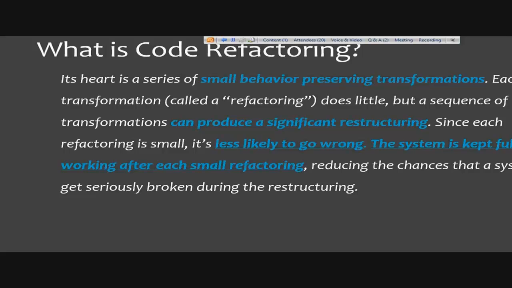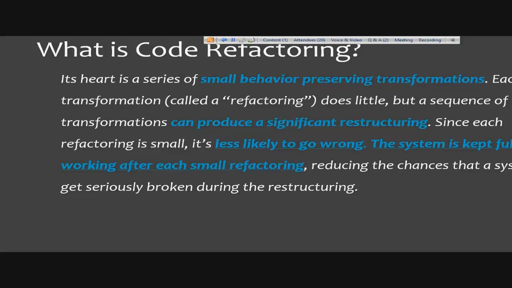So it's not a single act or single activity or task. It's a series of behavior preserving transformations. Over the period of this series of transformations, it can produce a significant restructuring of your code.